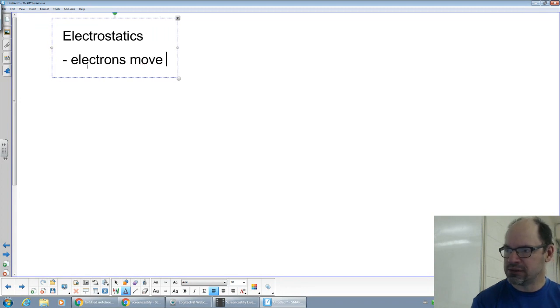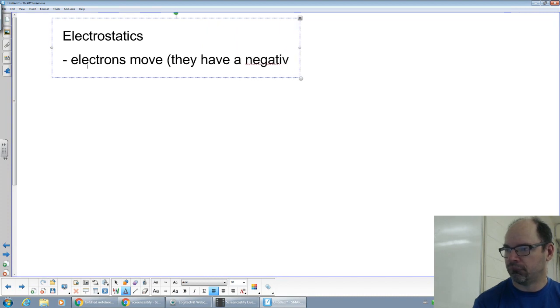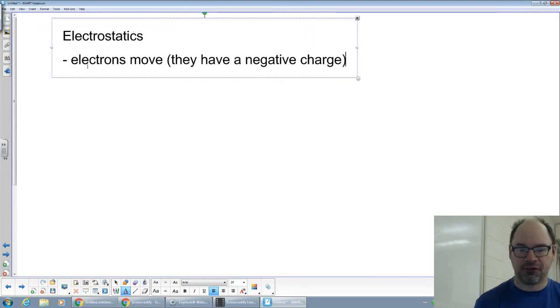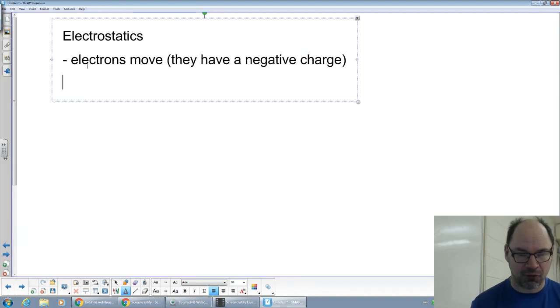They're the moving ones, and they're negatively charged. So they have that negative charge. And there is a base charge, which we'll talk about when we get to the math part, for each electron. Neutral objects have no charge.